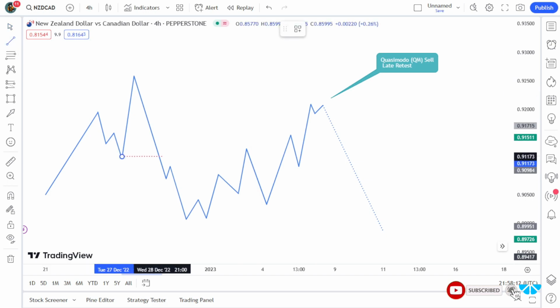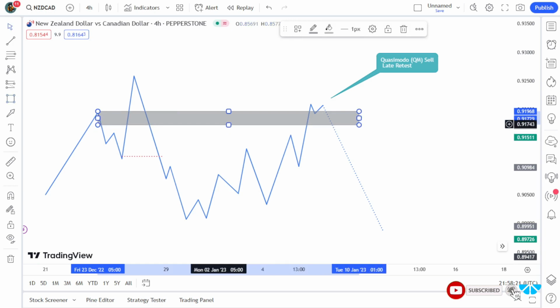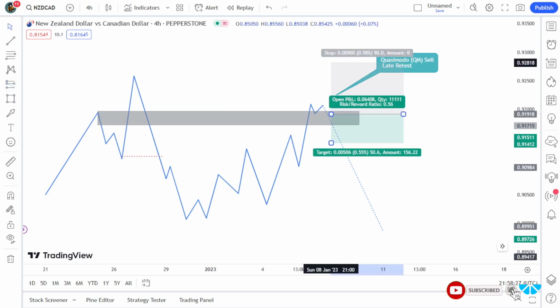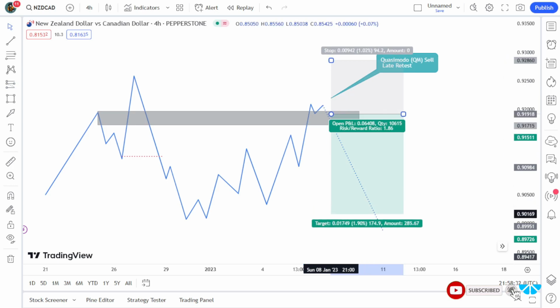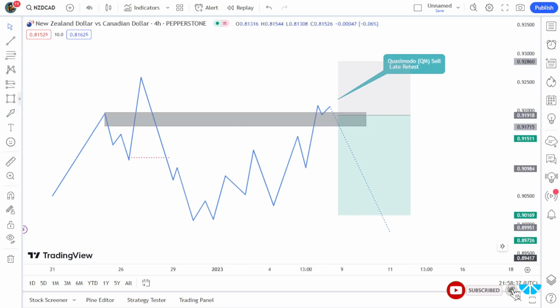We see a break of structure. Once we see a break of structure, we put our point of interest and we set our trade, our sell stop. Now, as you can see, price doesn't always immediately rise and drop.